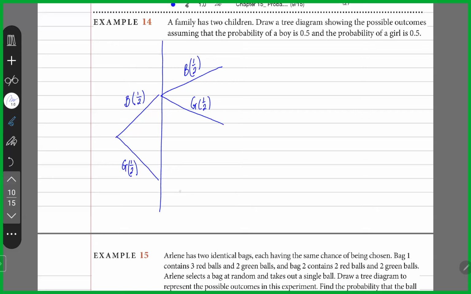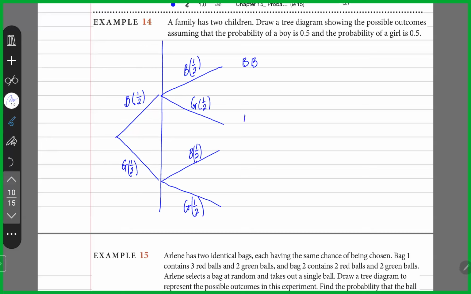Now, if the first child was a girl, now the second child, you could have a boy, the probability is a half, or you could have a girl, the probability being a half. So this is what the tree diagram would look like. This would be BB, which would mean the first child is a boy, and the second child is a boy.